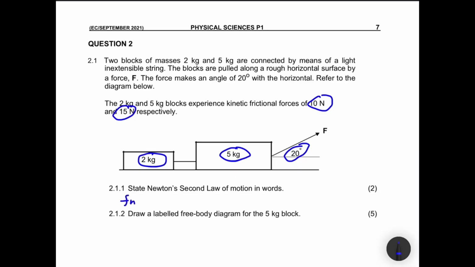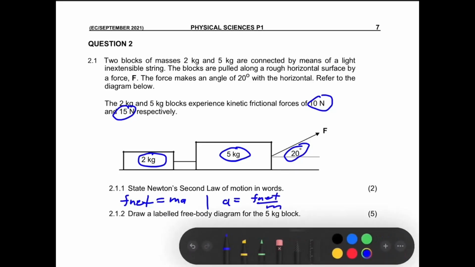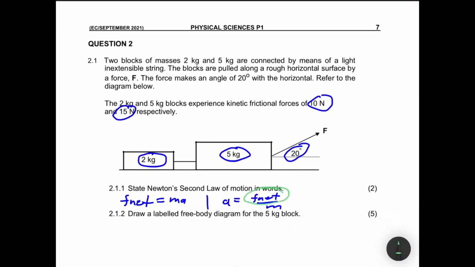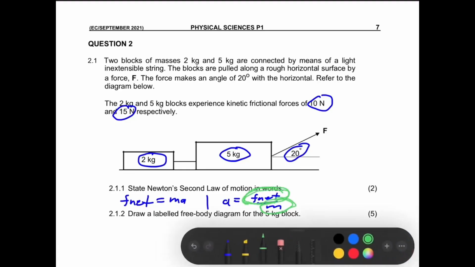So we know fully well that F net is equal to ma. And in this equation, if you make acceleration the subject of the formula, you basically get the definition, right? Acceleration will be equal to F net divided by the mass. Clearly in this case, the acceleration is directly proportional to the F net and inversely proportional to the mass, right?